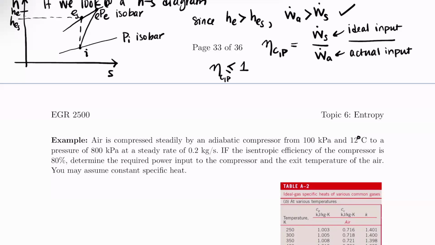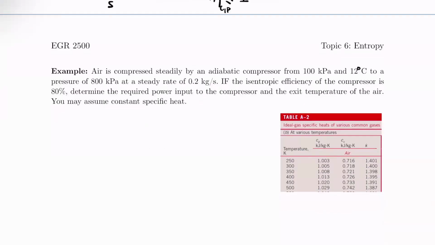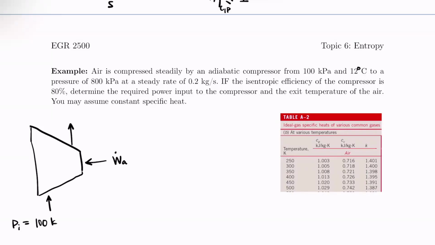Okay, so I'm going to draw a picture here. So here is our compressor. We are inputting work. This is my actual work. We have an inlet and an exit. Our inlet conditions are a pressure of 100 kPa and an inlet temperature of 12 degrees C, which is 285 Kelvin.